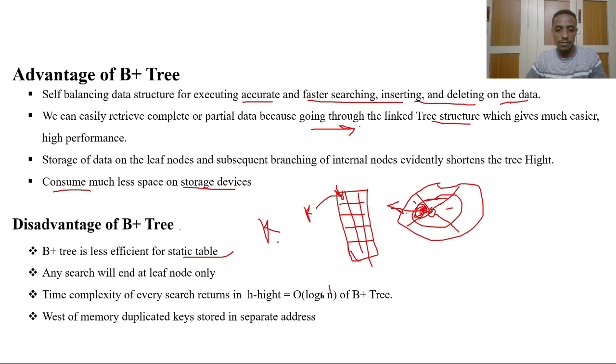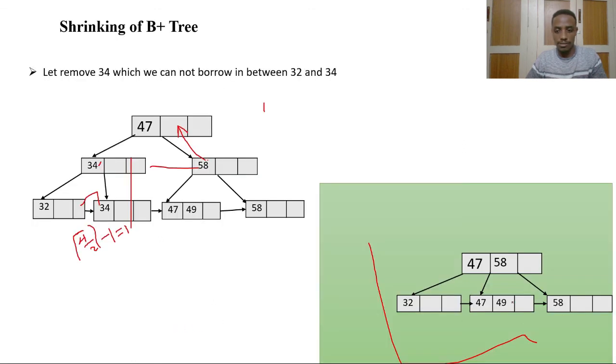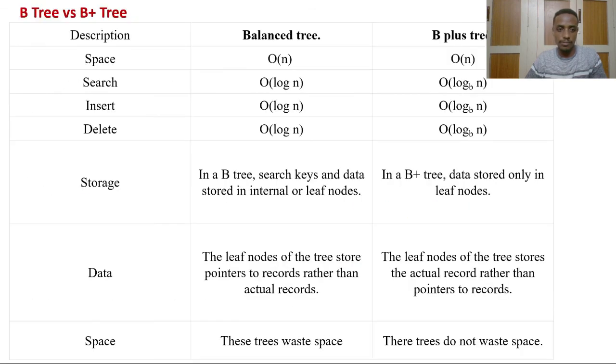That is why memory will be wasted because of duplicated values, as we were seeing there. So here 47 and 47, 58 and 58. Duplicated values give us wastage of memory.